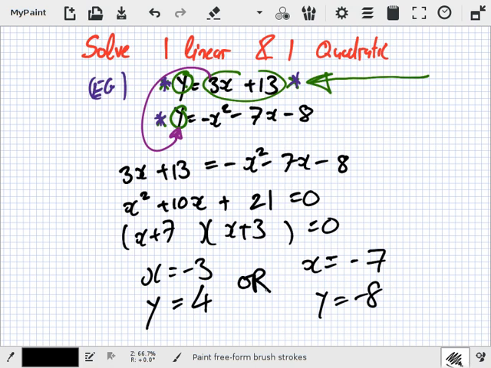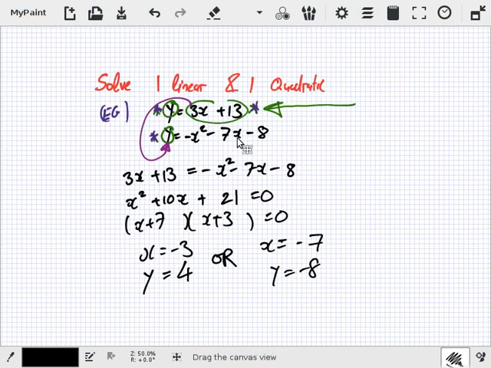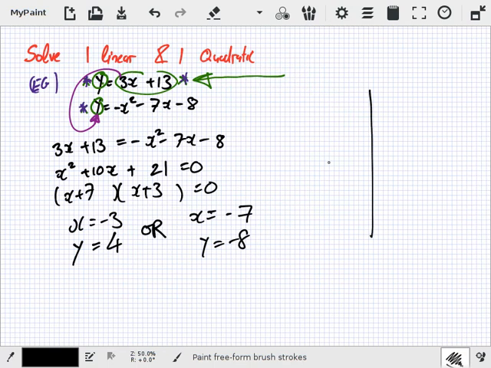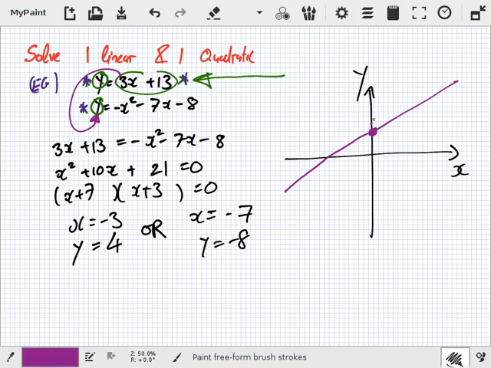Now, why are there two answers? Well, we can finish the question off by doing a quick sketch. So, a very quick sketch here. There's x, there's y. Here's the linear equation. Crosses there at 13. Minus 3, 4 would be something like here, and then minus 7, minus 8 would be something like here.